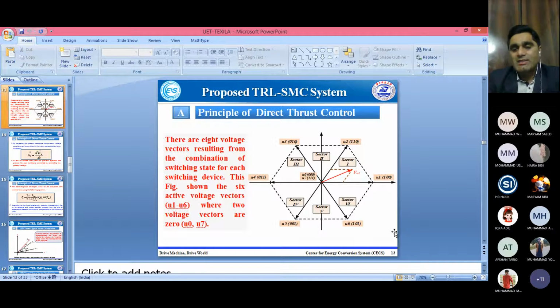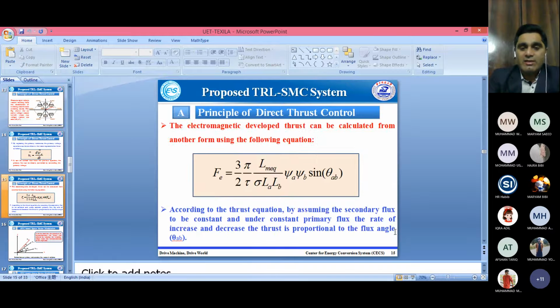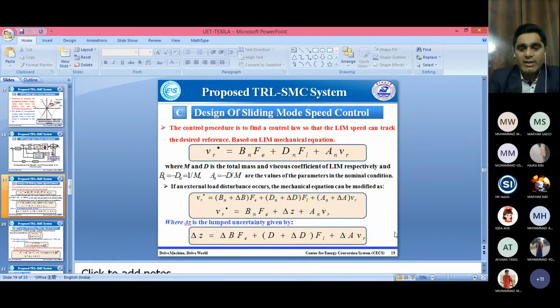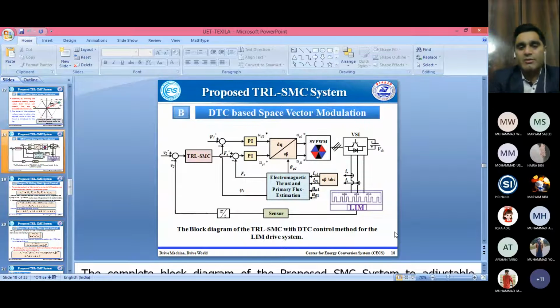As we know, for example, we have a machine. If the machine is controlled by using different controllers, I want to show here one diagram, then we will return back to our original slide. In this machine there is a LIM, there is a voltage source inverter, there is a space vector pulse width modulation, and there is a transformation from DQ to alpha beta, and there are PI regulators or PI controllers for the voltage and for the thrust.